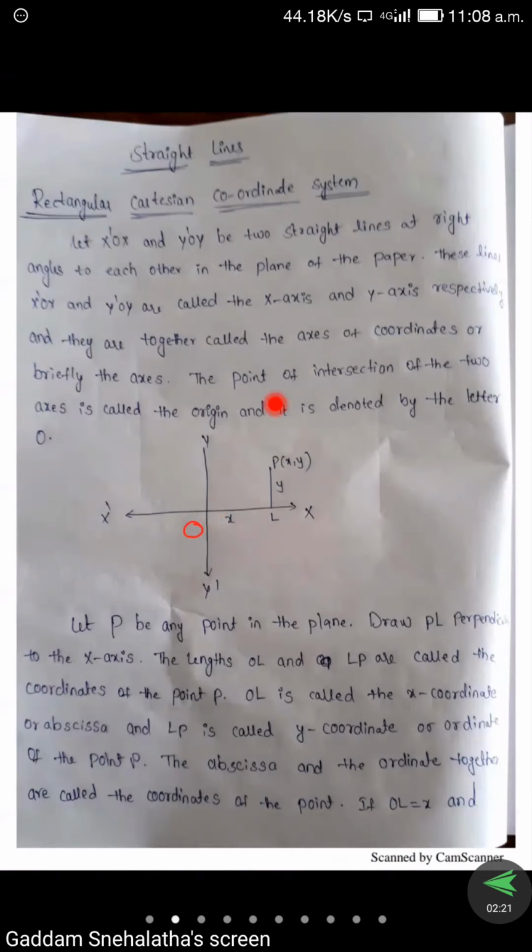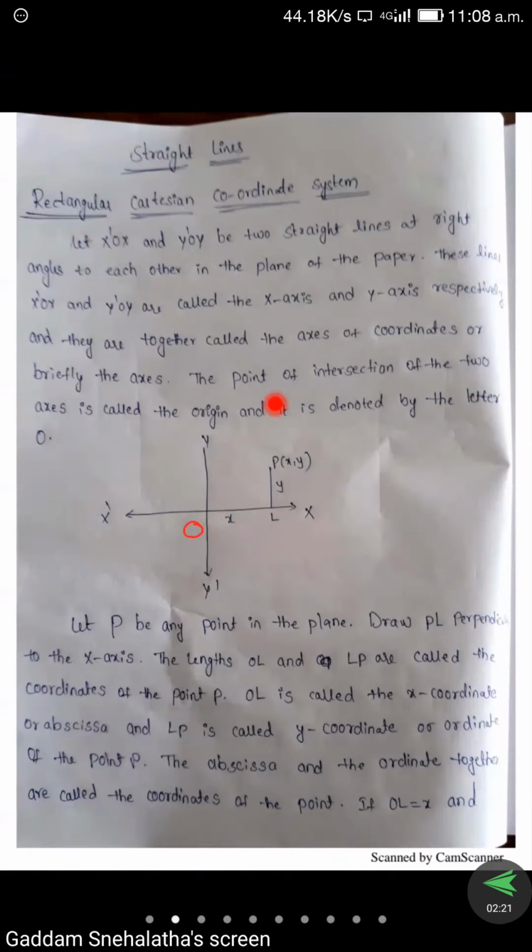Together means these are made perpendicular. Perpendicular means if one is made in a horizontal line and another in a vertical line. Those are made at which point? This point O.